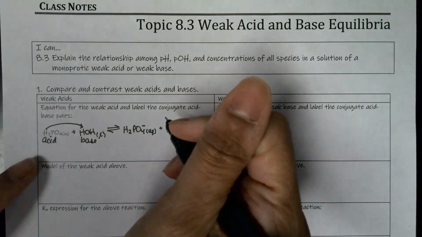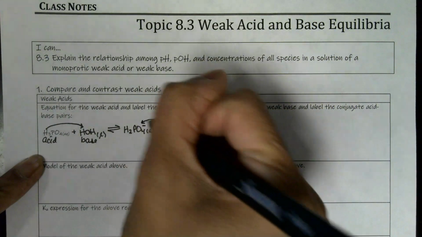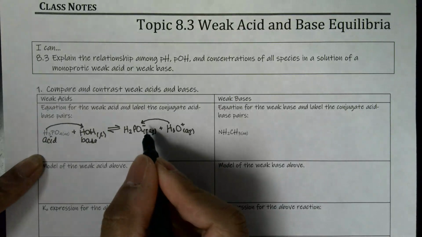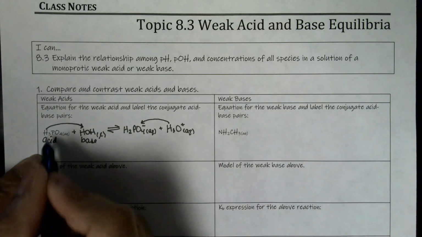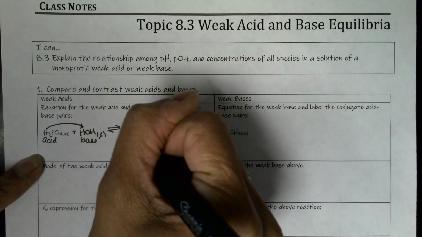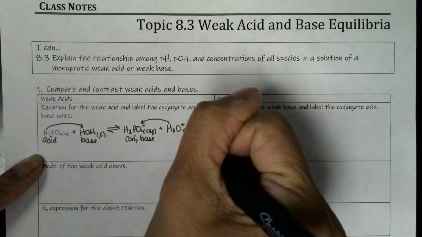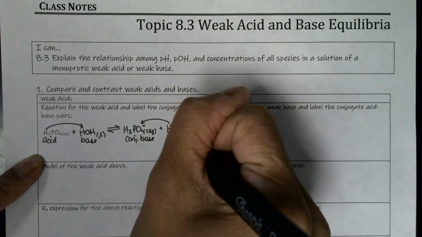And if this is in the reverse direction, this H3O plus would donate an H plus to the H2PO4 minus, resulting in what we have over here. So the H2PO4 minus is acting as a conjugate base, and the H3O plus is acting as the conjugate acid.